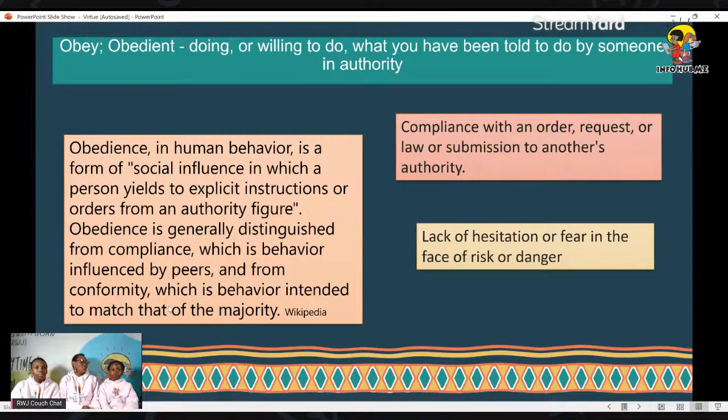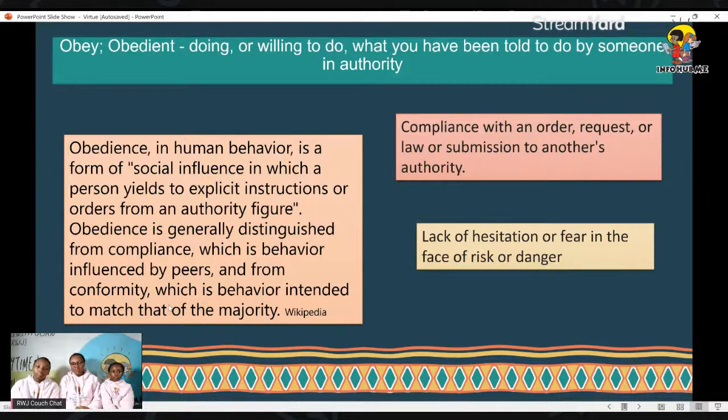The servant will obey the mistress or the master, and children will obey parents, teachers, aunties, and uncles. That is obedience to authority.